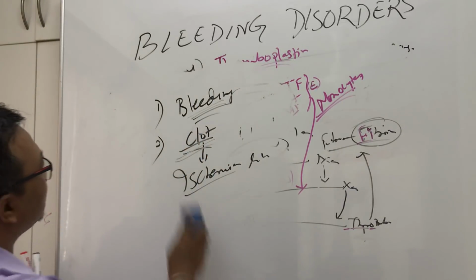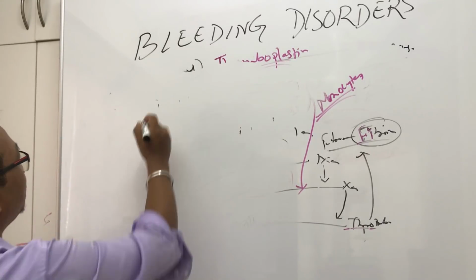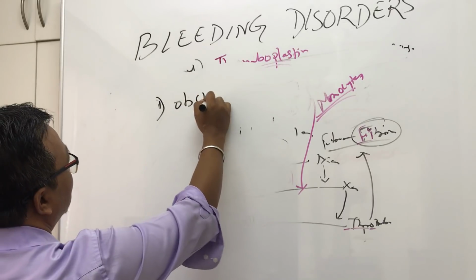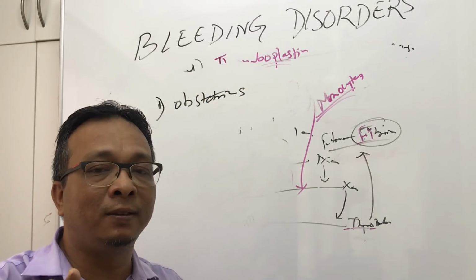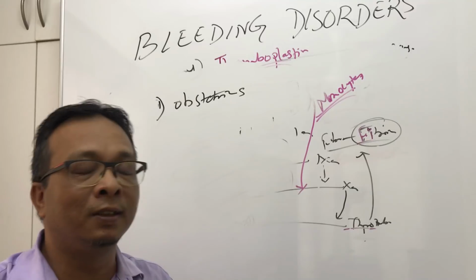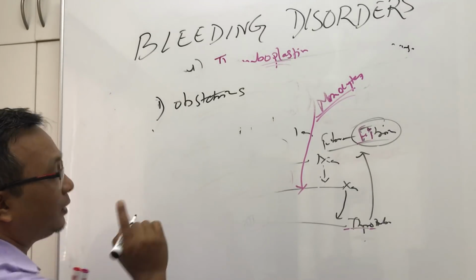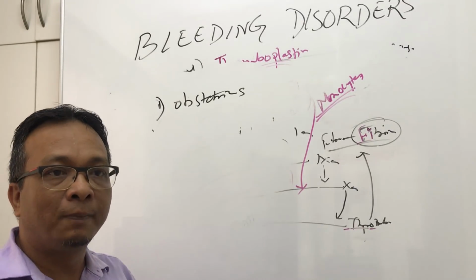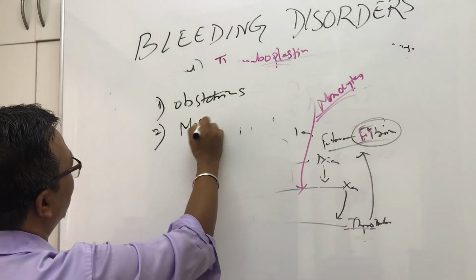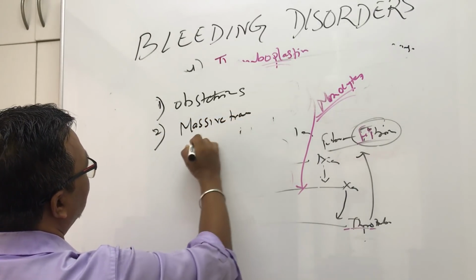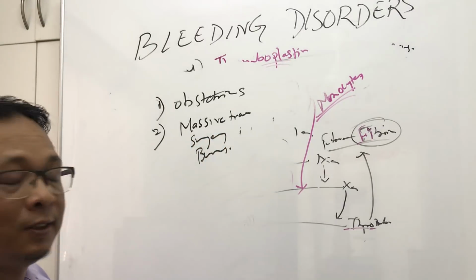Okay, so what are the most common causes of DIC? One is obstetric complications. Remember, DIC is not a primary disease. DIC is always a secondary disease. You have to keep that in mind. Obstetric complications like retained placenta, dead fetus, abruptio placenta, then any cases of massive trauma, surgery, burns can also give rise to DIC.